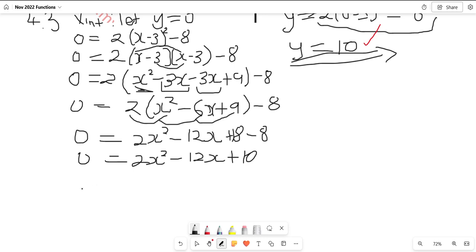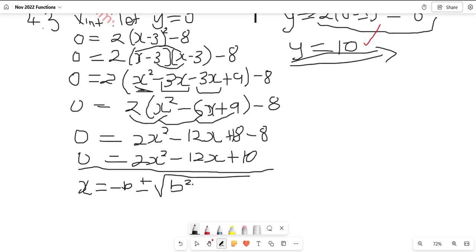Then from here, we are going to use the quadratic formula because we have a quadratic equation. The quadratic formula says x, because we are looking for x, is equal to negative b plus and minus the square root of b squared minus 4ac.